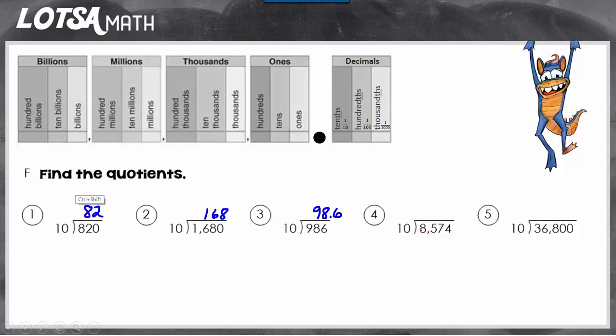Okay, let's do one more together. On number 4, we have 8,574, and we just need to shift every digit over one place so that we divide all of the numbers by 10. So our answer would be 857 and 4/10.